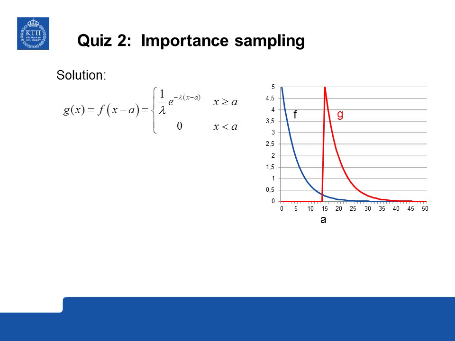The idea is, of course, that since we're interested in the events where x is larger than a, in this example 15, very few of the outcomes of x in the blue density will fall in this region. In this particular example it's a few percent, whereas the red biasing distribution g will always generate x's in this region. So you can clearly see from the areas that the gain in the number of simulation runs is in the order of 50.